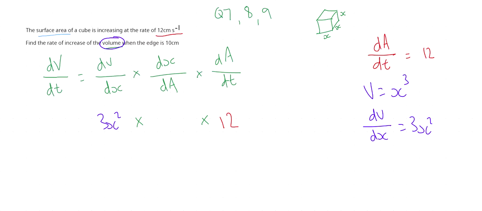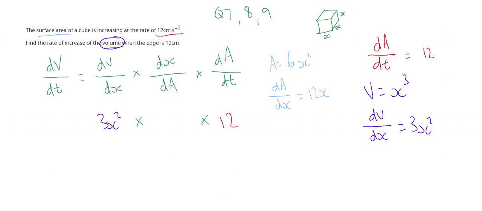Well, first of all, surface area of a cube is x squared, which is one face, and there are 6 faces, right? So then the area with respect to the length, again, is the derivative of this, which is 12x.